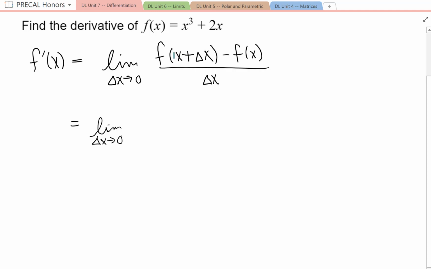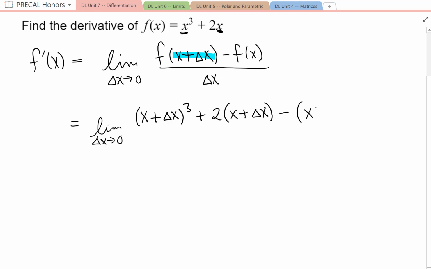When we plug in x plus delta x, we have to put it in every input of f. So if it's x cubed, then it's going to be x plus delta x quantity cubed plus 2 times x, that would be 2 times x plus delta x, our new input, minus our original function.